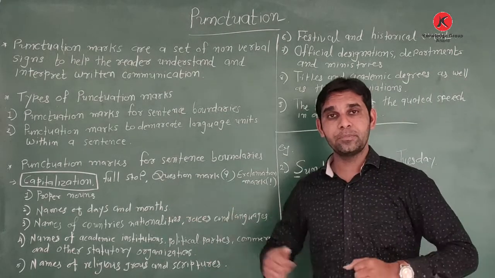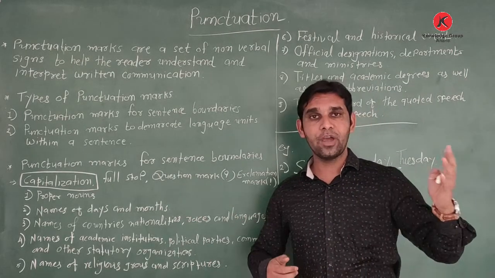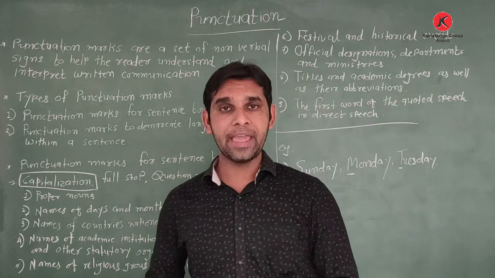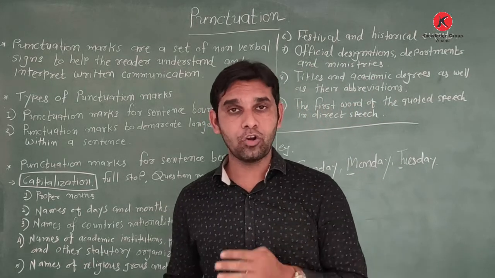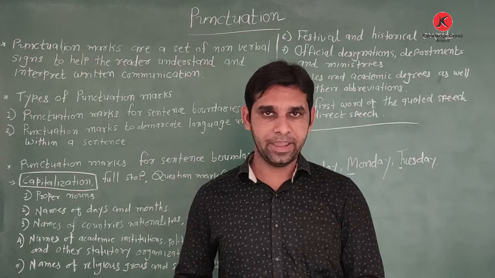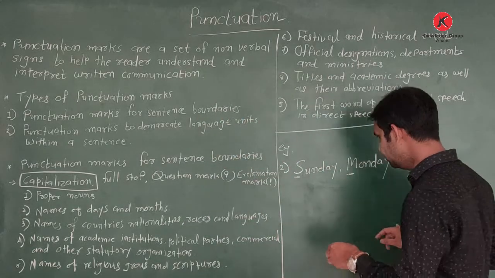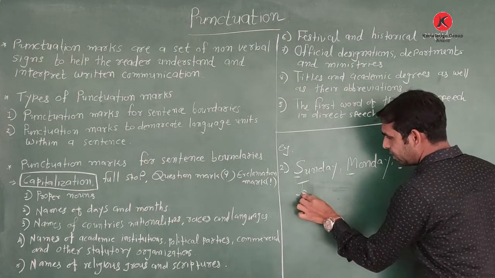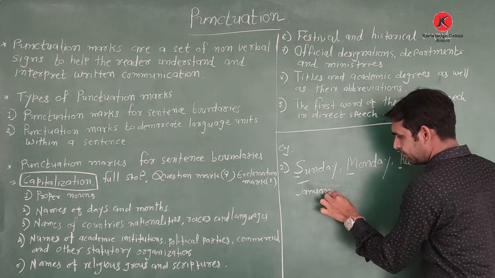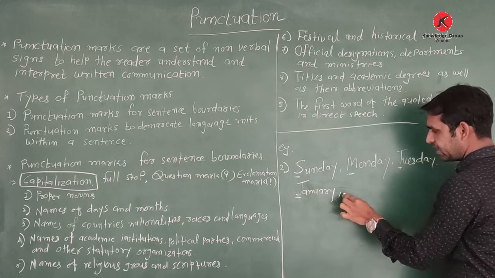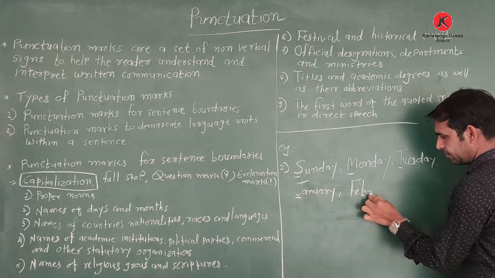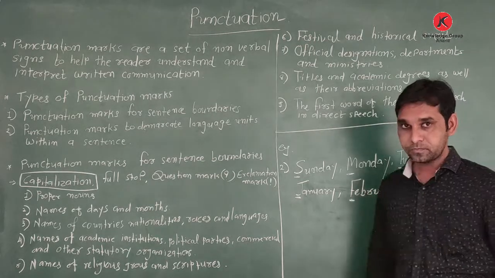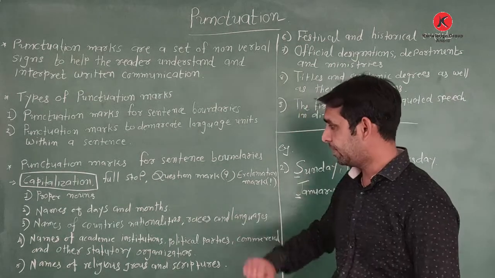And the months: January, February, March, April, May, June, July, August, September, October, November, and December. We have 12 months, and we write the first letter as capital.